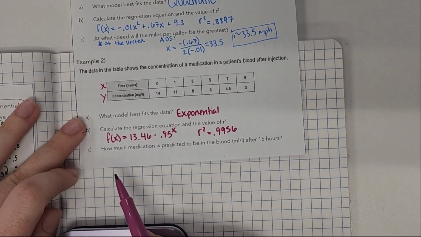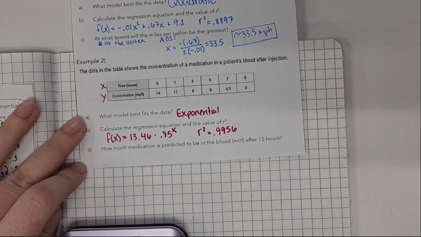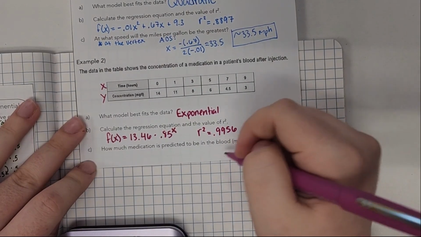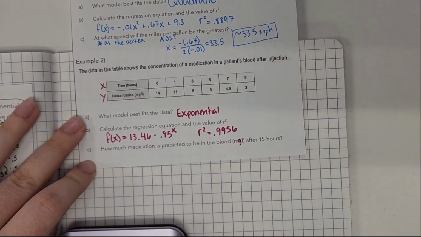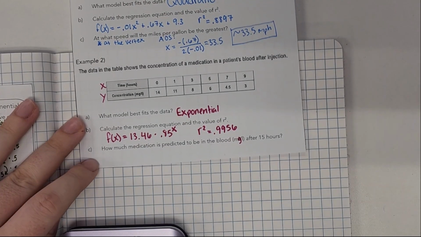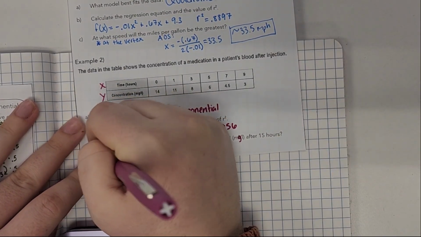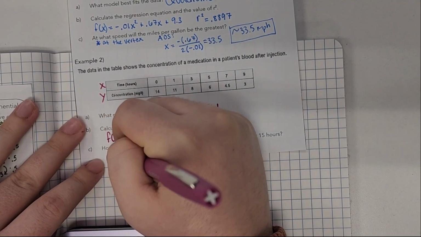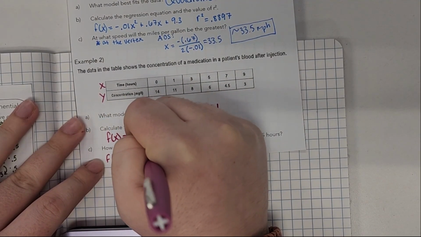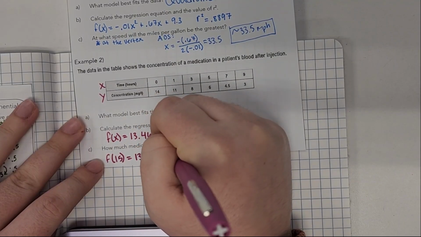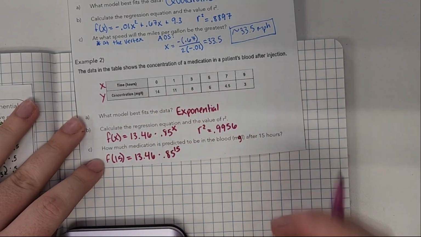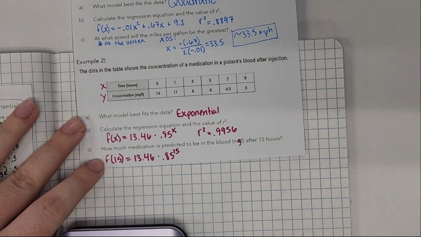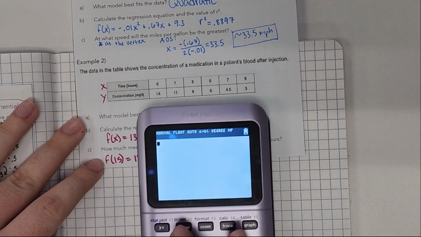All right. Part C says how much medication is predicted to be in the blood, and that's supposed to say milligrams per liter, after 15 hours. So that means that I'm going to take 15 and plug it into my equation. So I have f of 15 is equal to 13.46 times 0.85 to the power of 15. On this one, I'm actually just going to plug it right into my calculator.